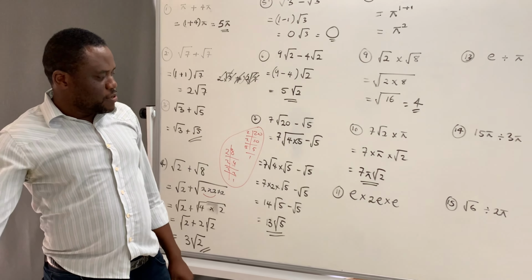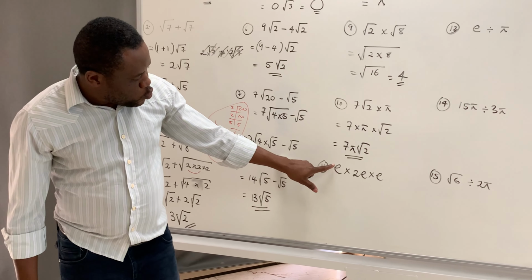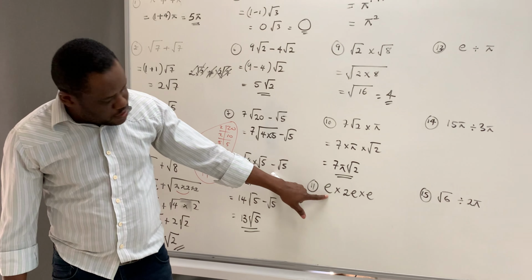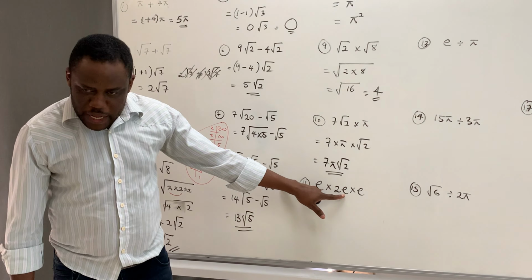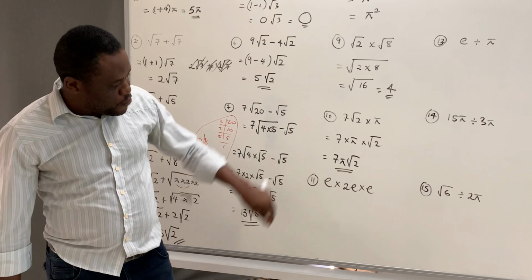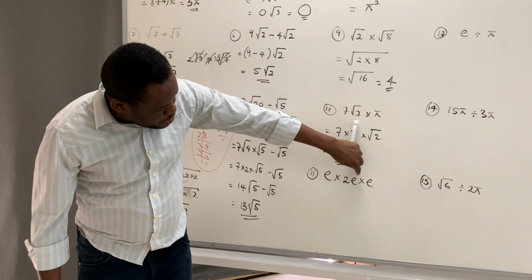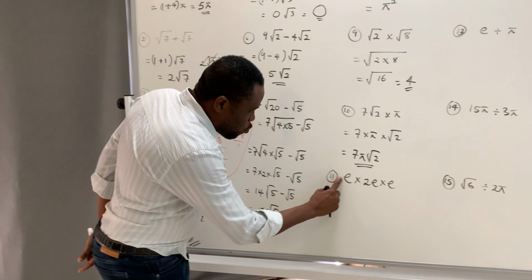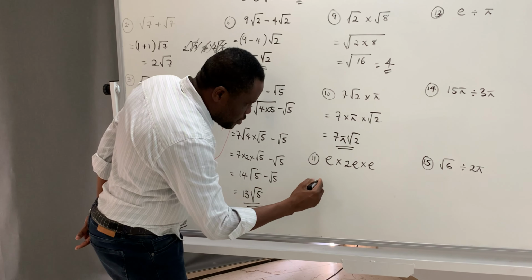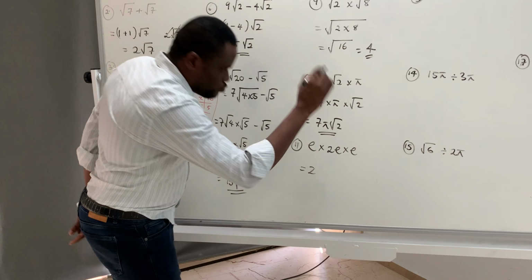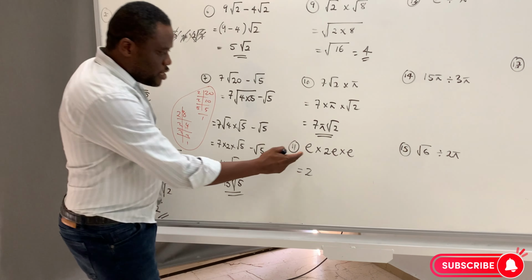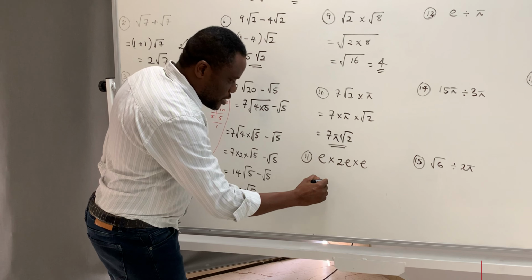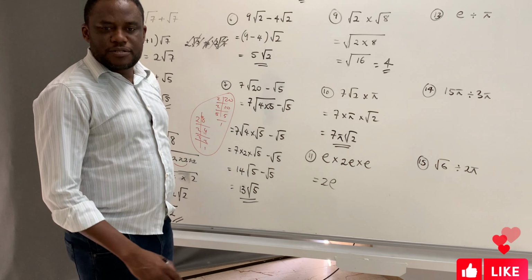There's no root here. Oh, this one is easier. So, we have one exponent plus 2 exponent times 1 exponent. Don't forget, there is power here, there is power here, there is power here, but the power is what? 1. So we can say 1 times 2 times 1, we have 2. Exponent, exponent, exponent. You can take only one exponent, right?